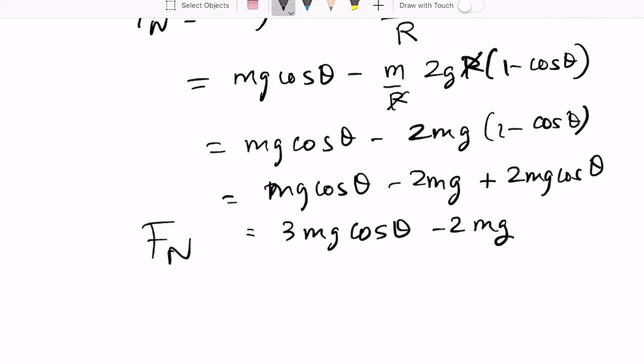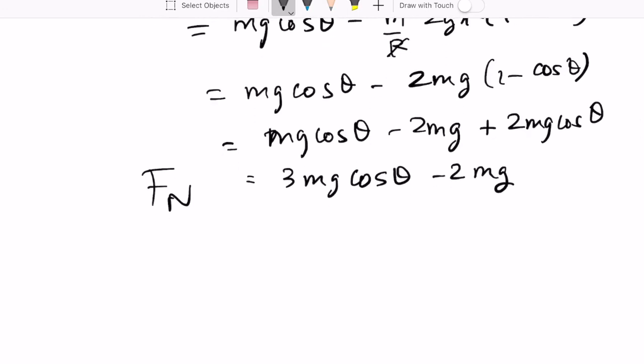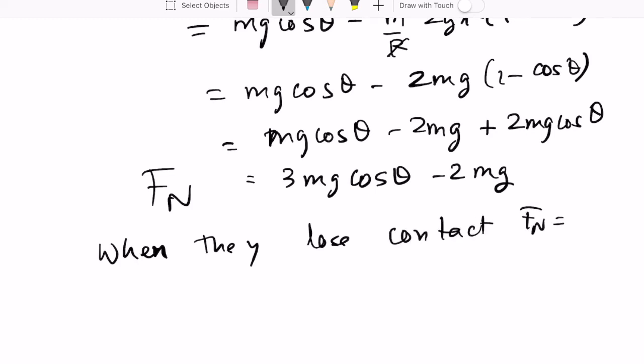So now we can finally find the theta at which the person loses contact, using the fact that when they lose contact, Fn is equal to 0. So let's set Fn equals 0. And then you get 0 is equal to 3mg cosine theta minus 2mg.